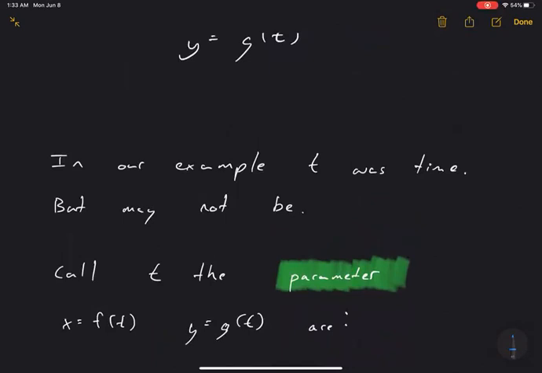Okay, so basically, what we're dealing with is curves in the xy plane. And instead of thinking of y as a function of x, we're going to think of both coordinates as a function of some third thing, t. We're going to call that t the parameter.